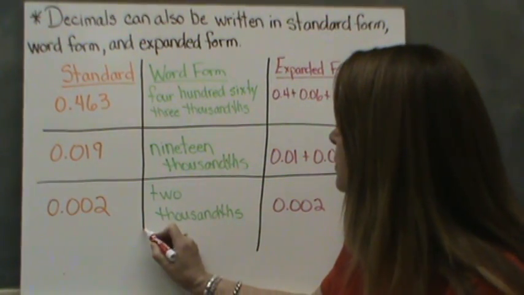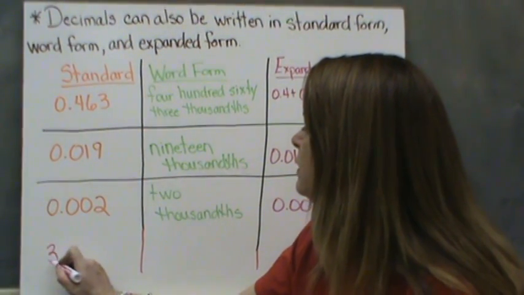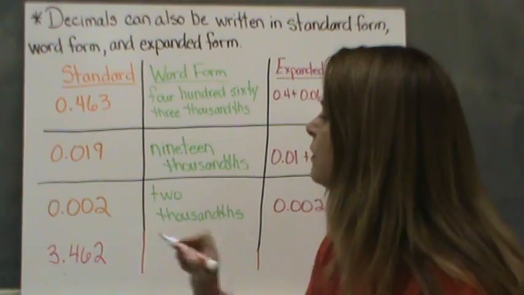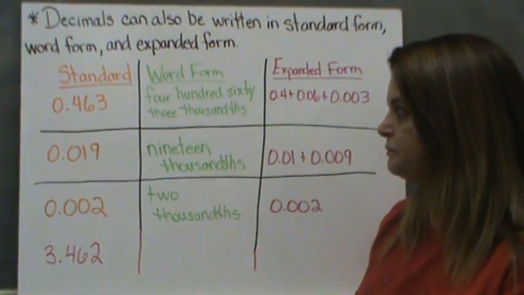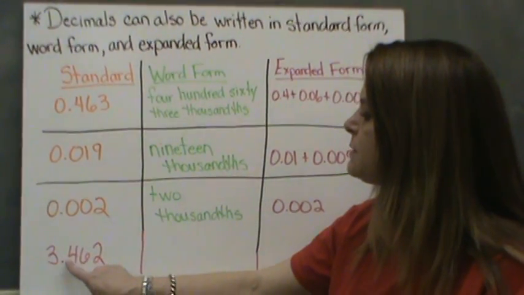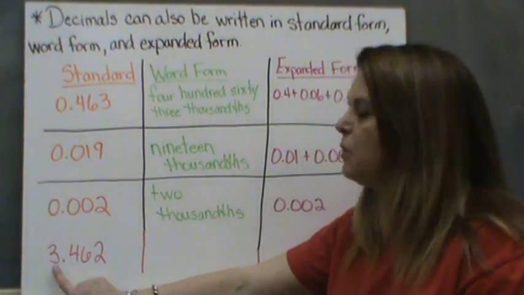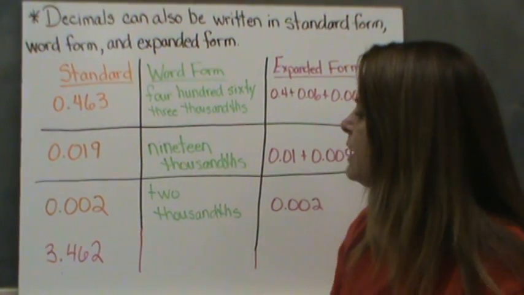Let's look at one more. Let's put a whole number in there. Let's say 3. Okay, now I have my whole number. 3.462. When I have a whole number, what does the decimal make me say? And. It always makes me say and.